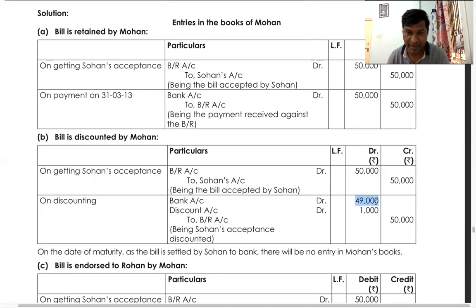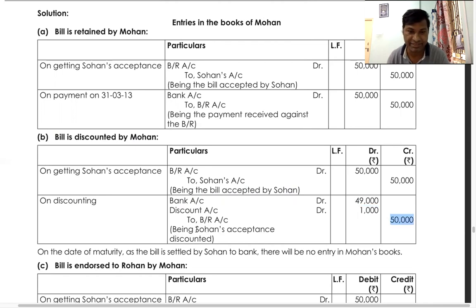You received 49,000 into your bank account, and the banker took a concession, what we call discount, of 1,000.